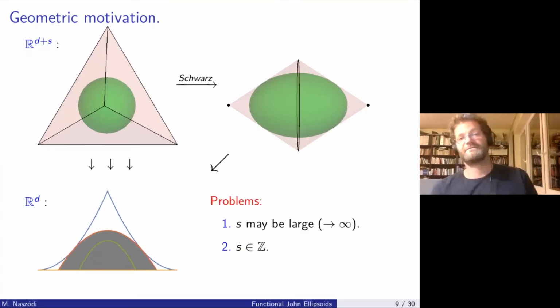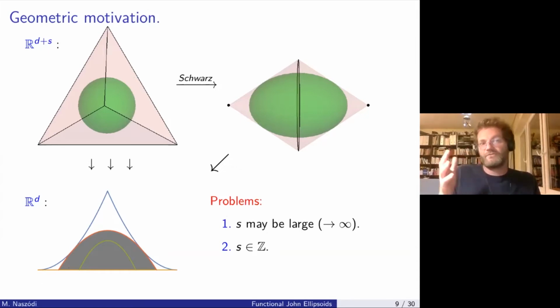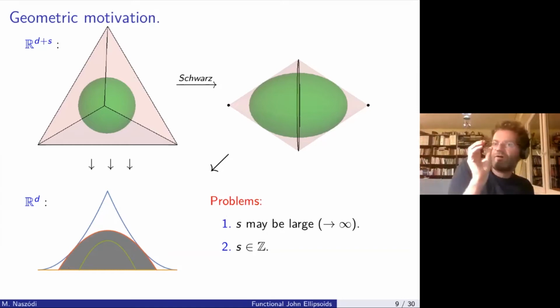Okay, but there are problems here. One problem is that for this whole idea to work, S may have to be very large, because if I start with this blue log-concave function, then it may happen that it comes from a convex body in R^(D+S), but S is very large. If you take a smaller dimension, like smaller S, then you just won't find a convex body which gives you your log-concave measure.